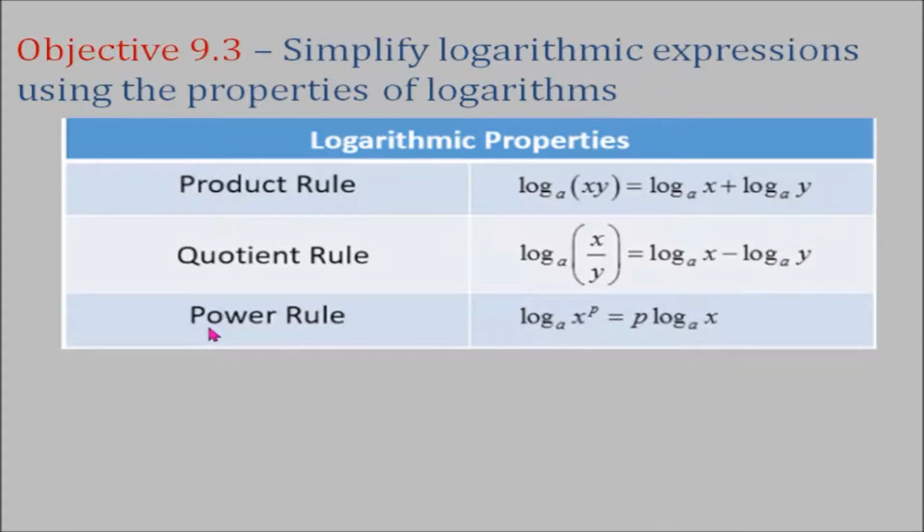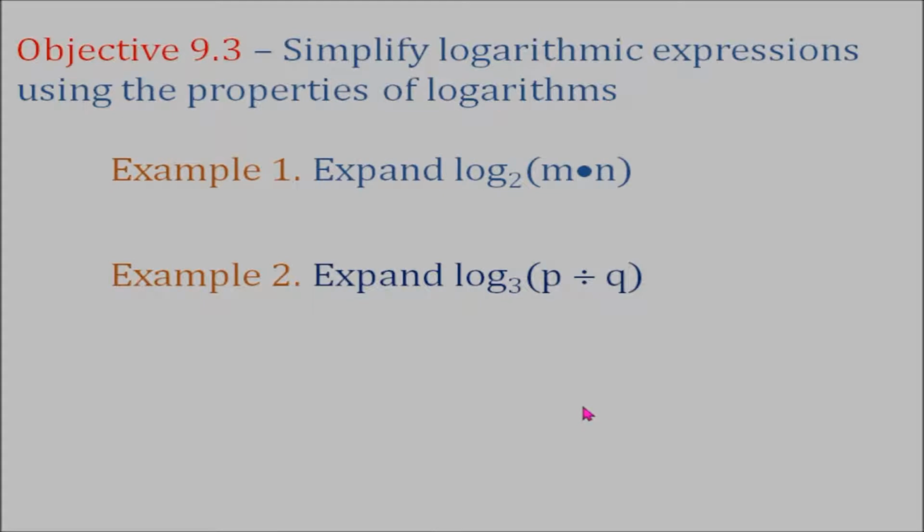And we also have the power rule. It's log base a of x to the power of p equals p log base a of x. Example number 1. Expand log base 2 of m times n.